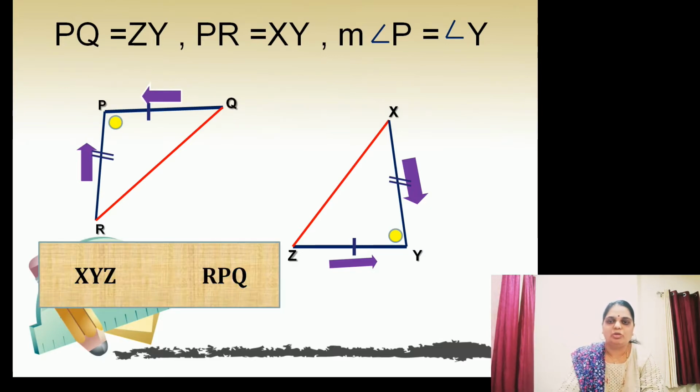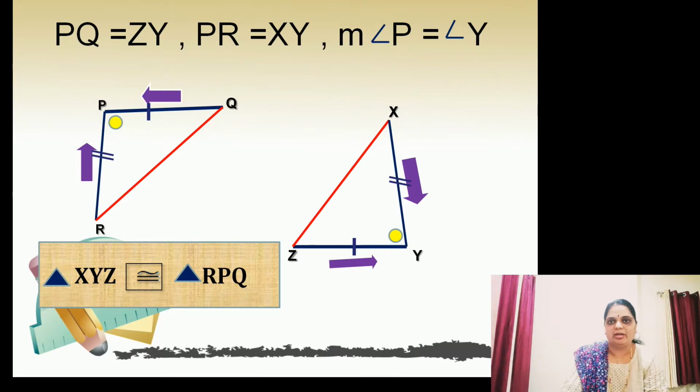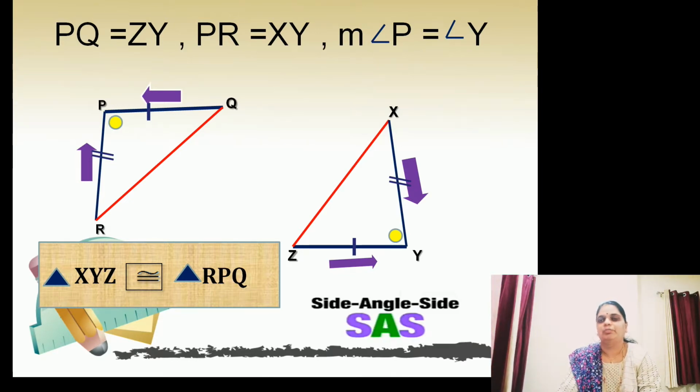We can also say triangle RPQ. Triangle XYZ is congruent to triangle RPQ. It is a side-angle-side test. We also say that it is a SAS test.